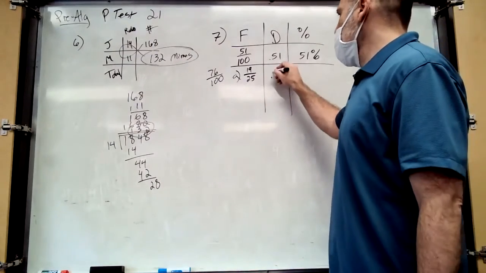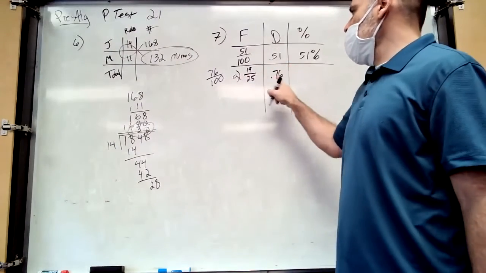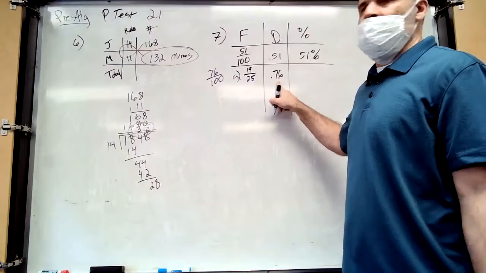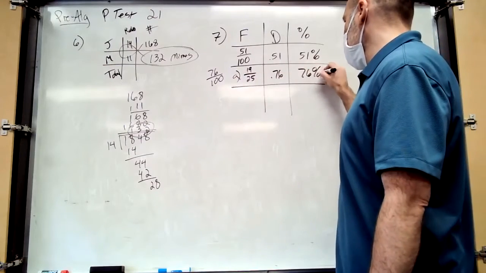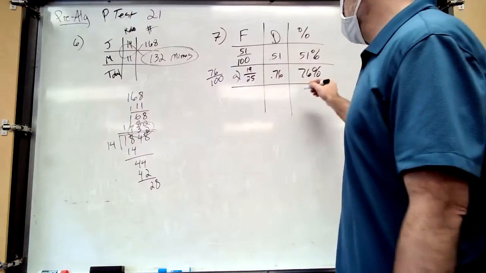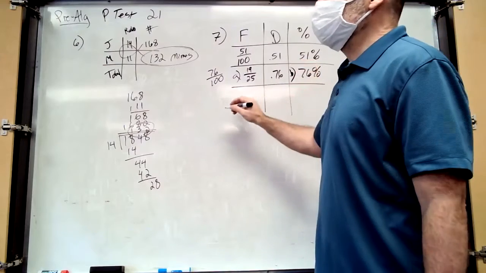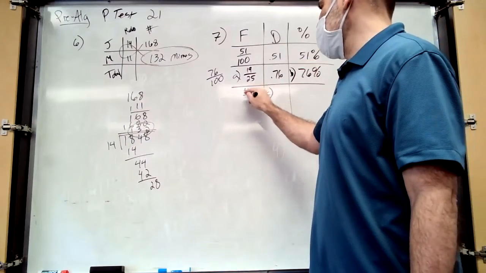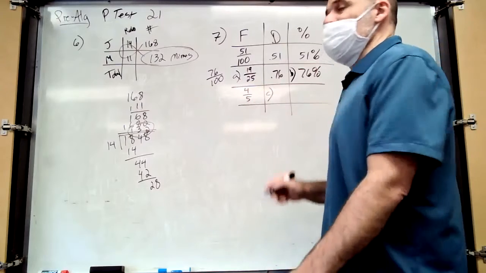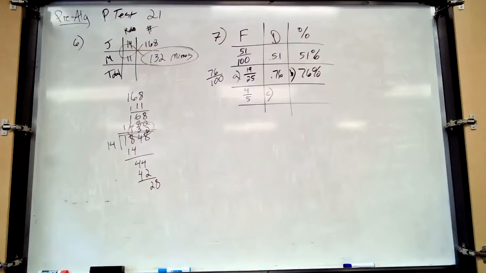So that's 0.76. Now, how do you say that as a percent? 76. Yeah, you just move it over 2 places to the right, 76%. Good, good. So that's B. All right, where's C? C is right here. So the decimal version of 4/5. You guys know how to change a fraction to a decimal?